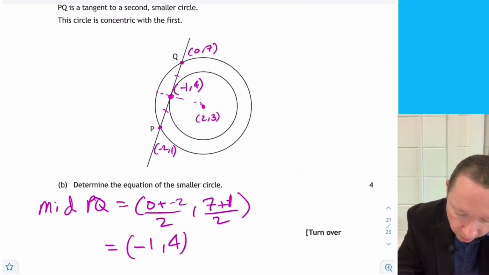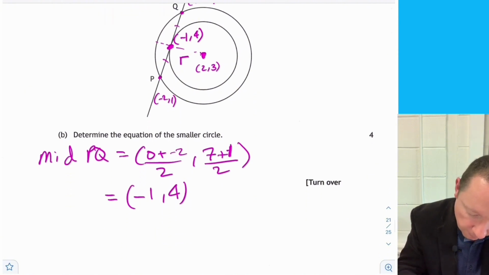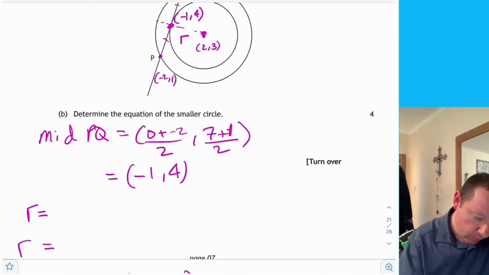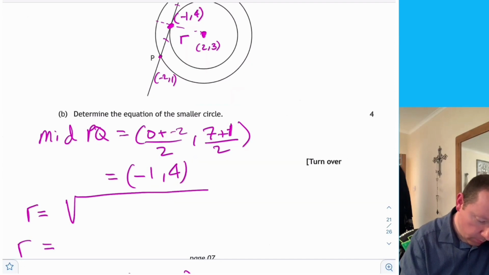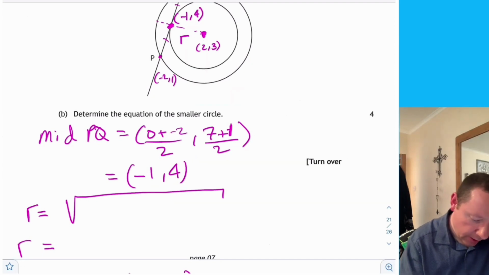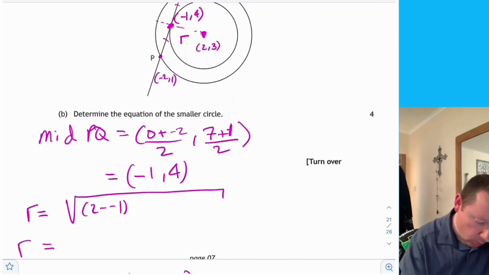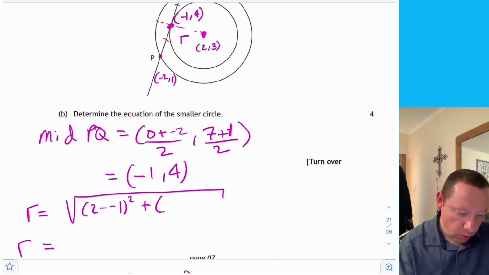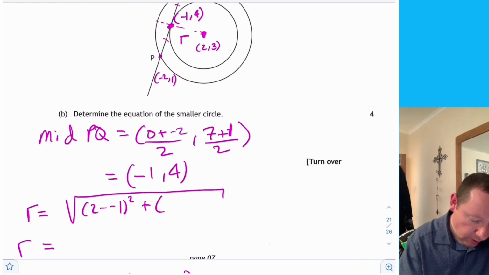So now we have the midpoint and we have the centre. We can work out the radius using the distance formula. We have the square root of (x2 minus x1) squared, so (2 minus -1) squared, plus (y2 minus y1) squared, so (3 minus 4) squared.